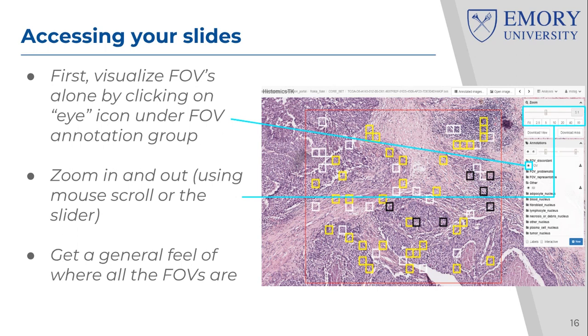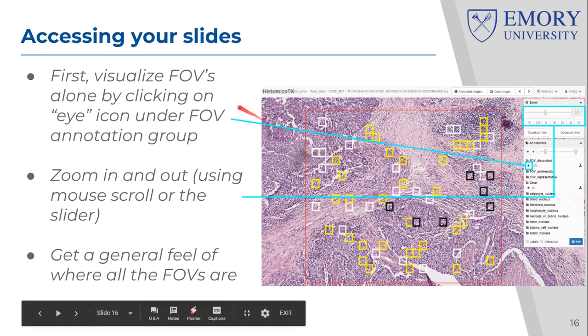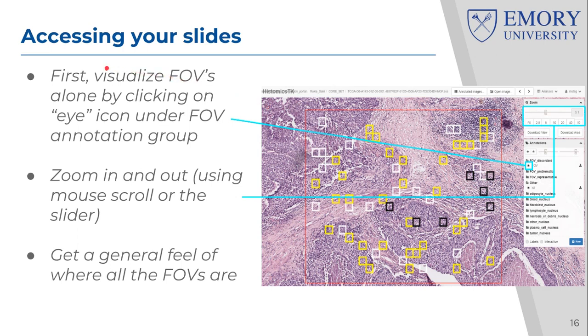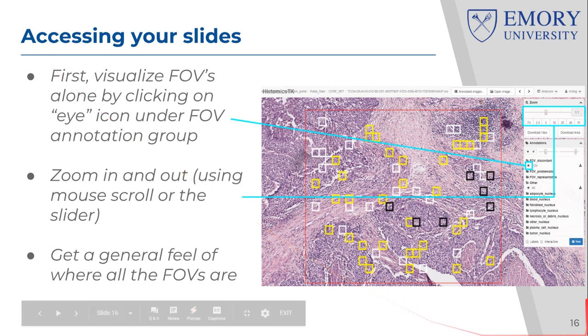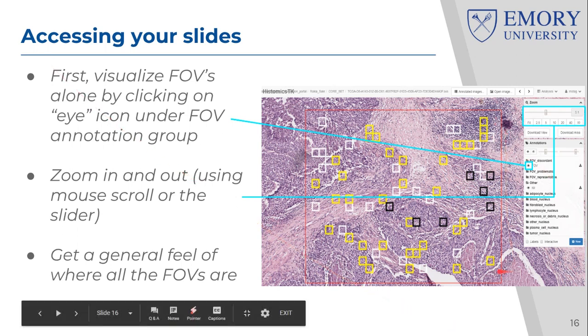All right. So here's a slide. Let me introduce you to the structure or the anatomy of the interface. The first thing you want to do is look at the fields of view alone. Now, this is a core set, which means that it contains a lot of small fields of view.